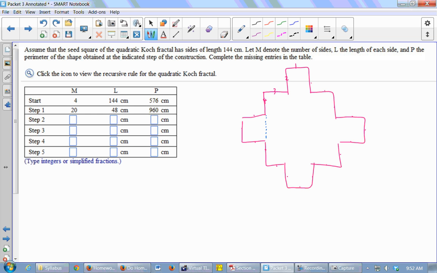All right, so on the middle third of each side, I'm going to add a new little square. Okay, so there we go.